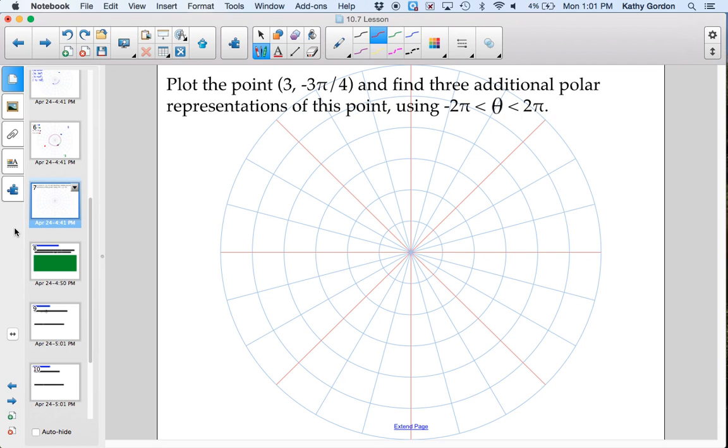So again, just reiterating this idea of multiple representations for the same point. If I start out at the point 3 comma negative 3 pi over 4, where is that? 3 lines out.